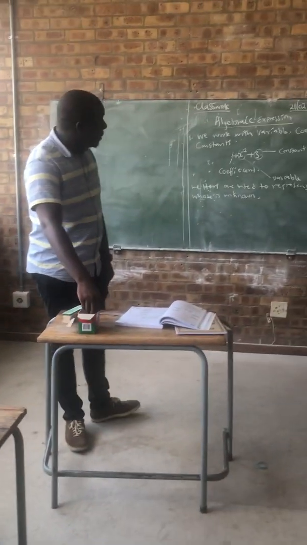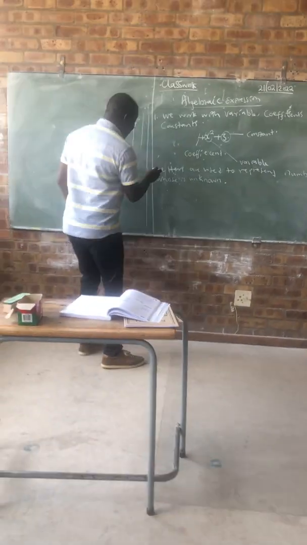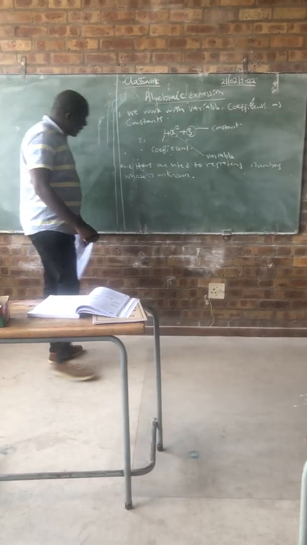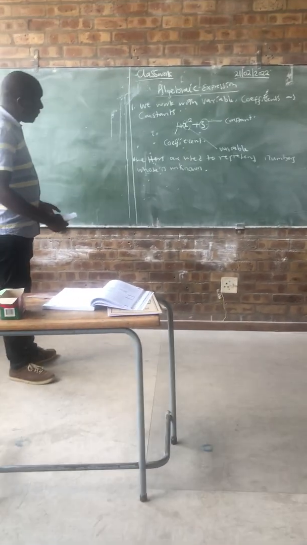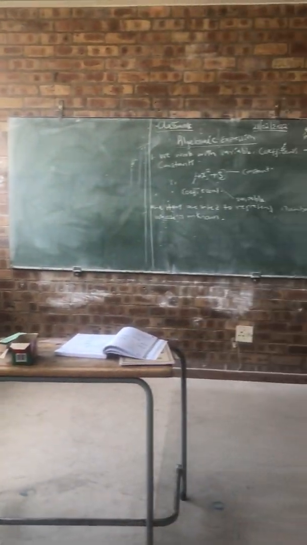So that's what we refer to as the variable. These are the letters, and in this case our letter is x, and we refer to that letter as a variable which represents an unknown number.